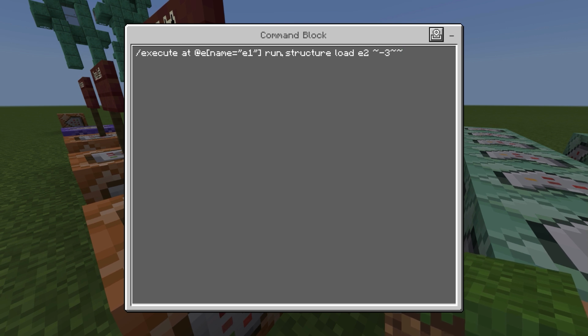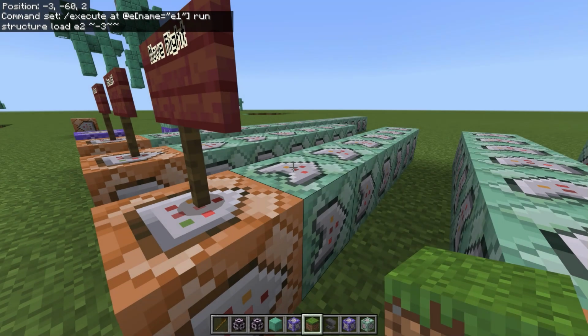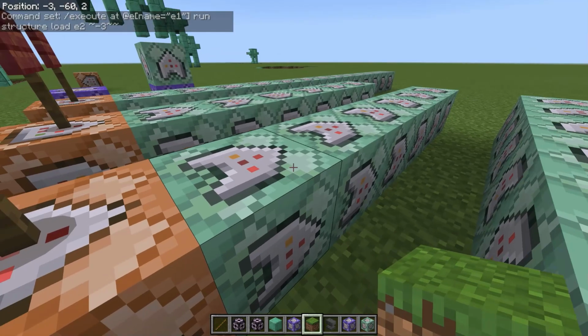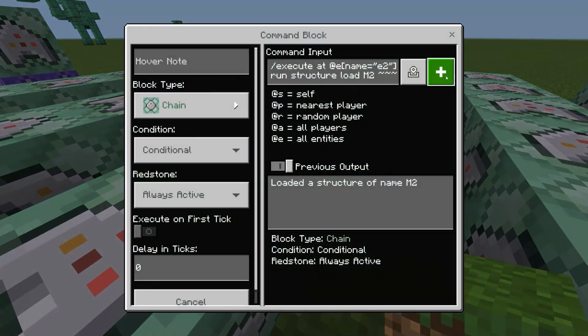I believe east is to the right. I might be wrong on that. It would be the first time. And then it moves -3 on the x-axis, the armor stand, so it can move right.